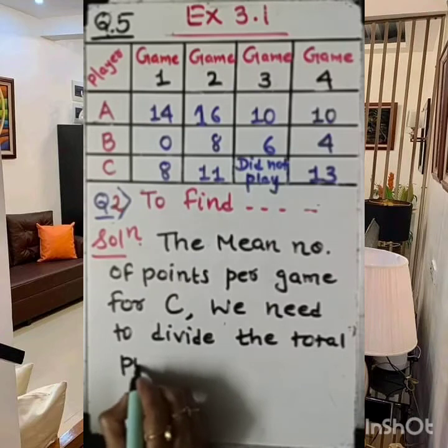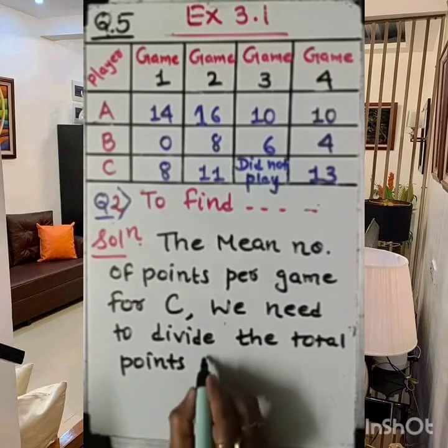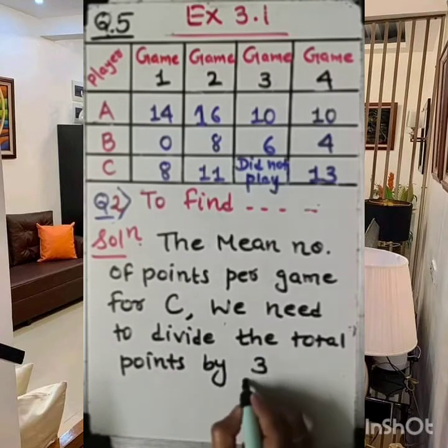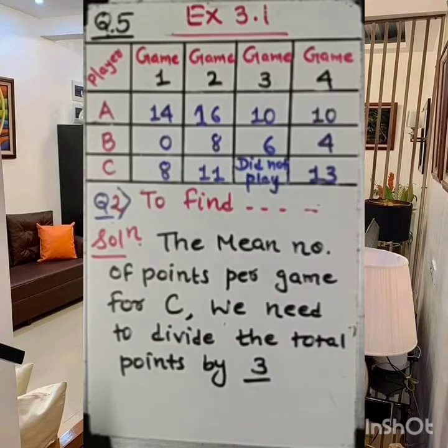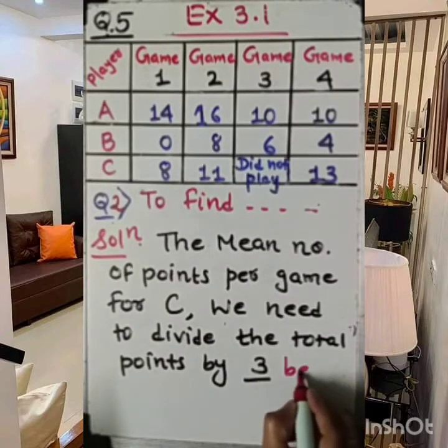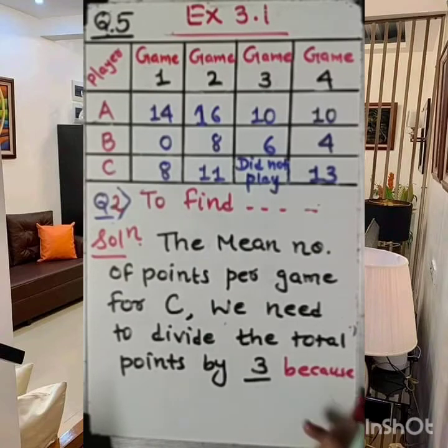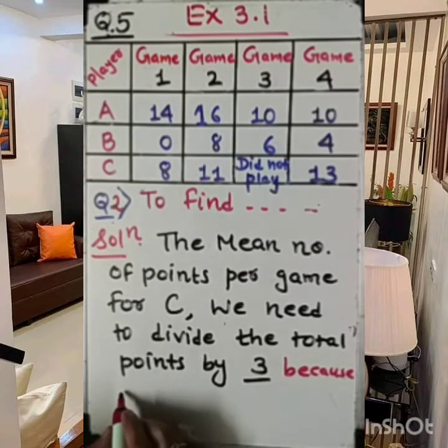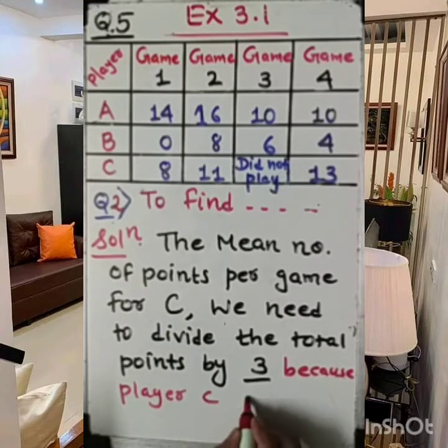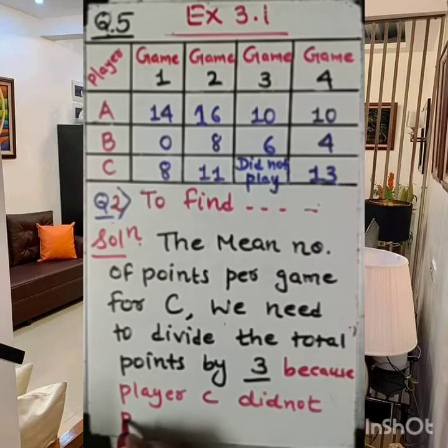We need to divide total points by 3. What is the reason? Because we are asked why, so we have to mention the reason. Because player C did not play game 3.